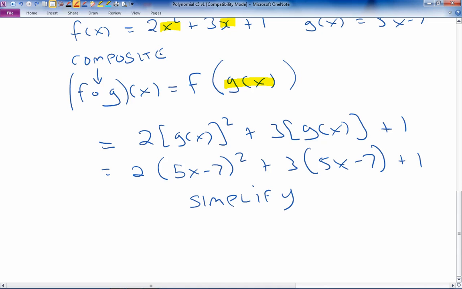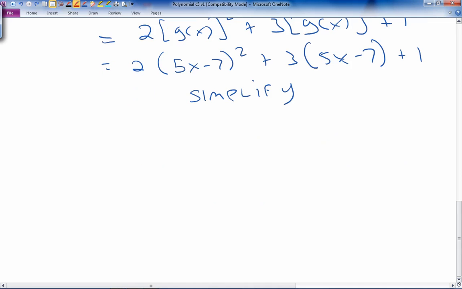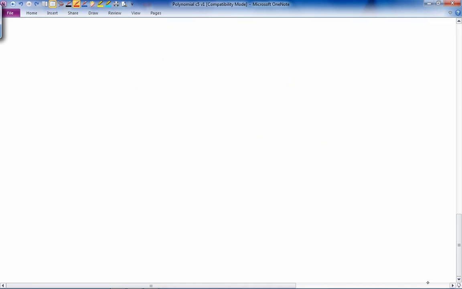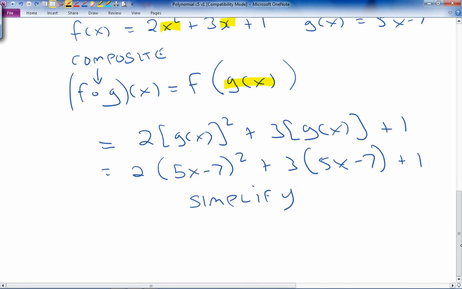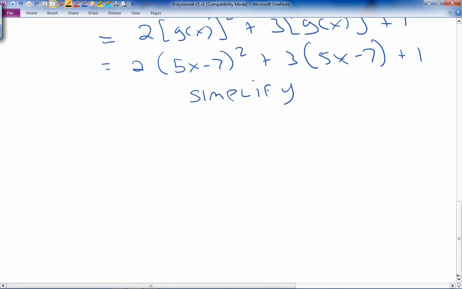Now, other things you were supposed to learn out of this chapter is how to do a quick graph.